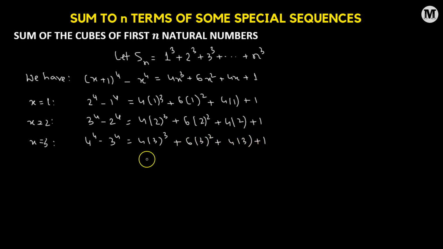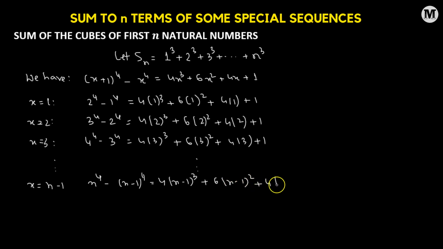So we are going to continue up to x, we'll consider x to be equal to n minus 1. So here we will get n raised to the power of 4 minus n minus 1 raised to the power of 4. This is going to be equal to 4 times n minus 1 whole cube added to 6 times n minus 1 squared plus 4 times n minus 1 plus 1.